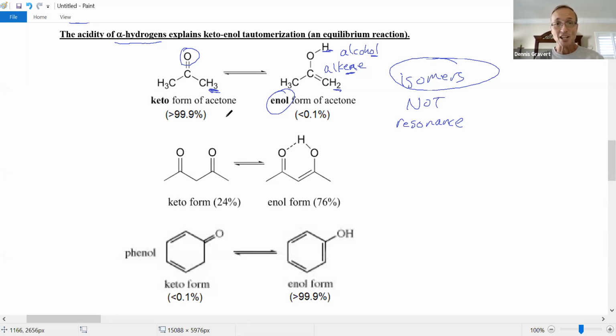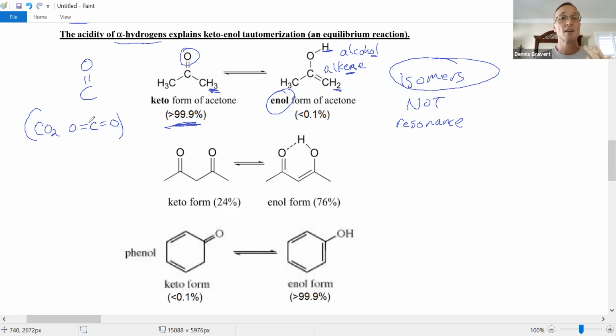And then the next thing you need to know is that, generally speaking, the keto form is the more stable form. There's something special about the C double bond O that's just really stabilizing. I remember carbon dioxide is a very stable molecule, and it has 2 of these C double bond O groups. So that helps me remember: nature likes carbon-oxygen double bonds.